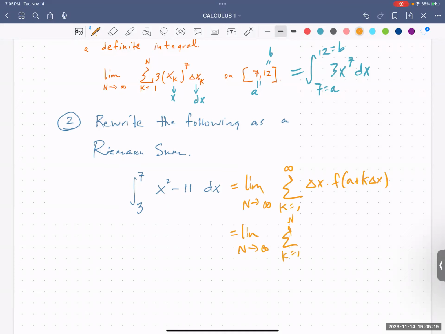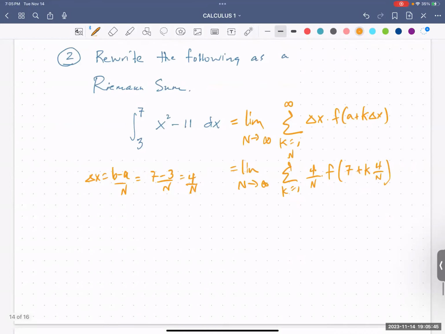Delta x is the length of the interval over the number of rectangles. So delta x is b minus a over n. This would be 7 minus 3 over n. That's 4 over n. So delta x is 4 over n times f of a, which is 7, plus k delta x, which is 4 over n.